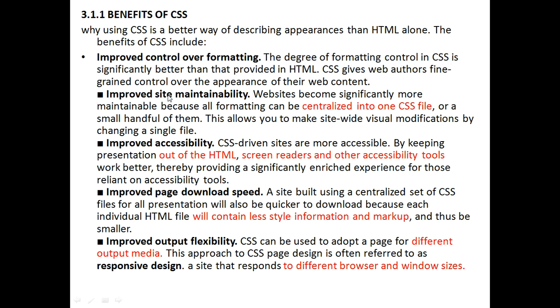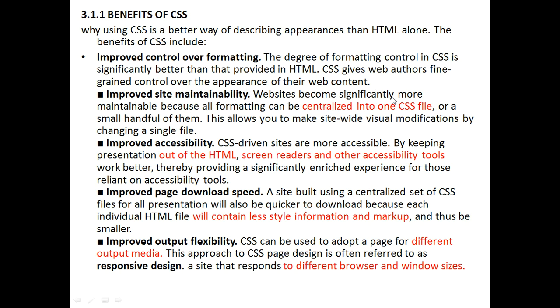Improved site maintainability. Websites become significantly more maintainable because all formatting can be centralized into one CSS file or a small handful of them. This allows you to make a site-wide visual modification by changing a single file. How can we improve site maintainability?